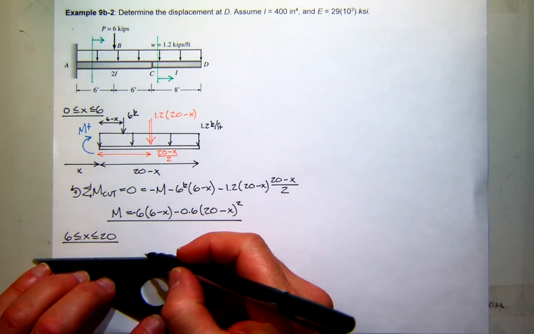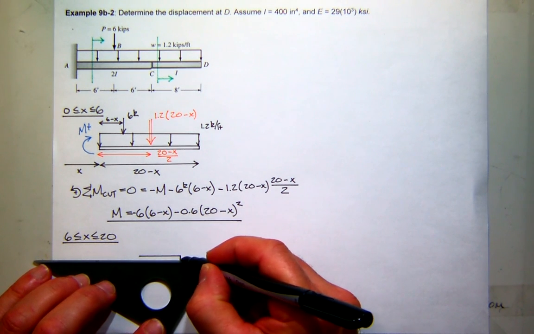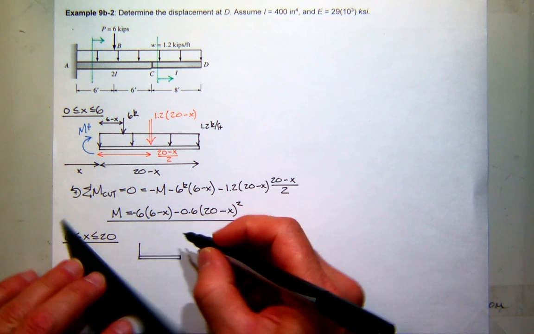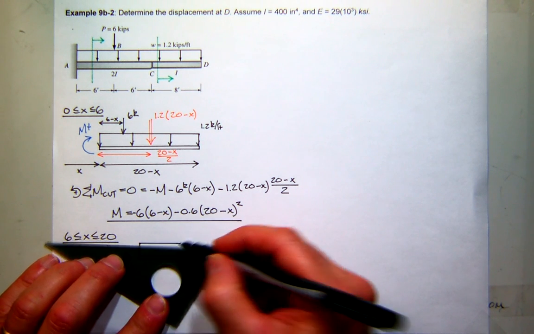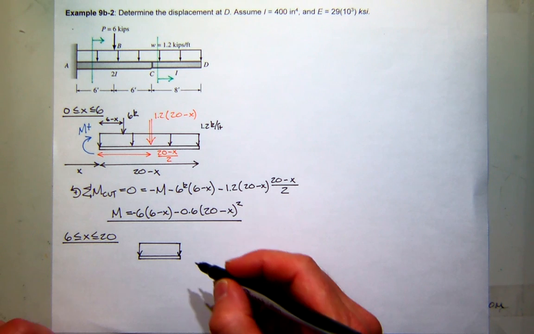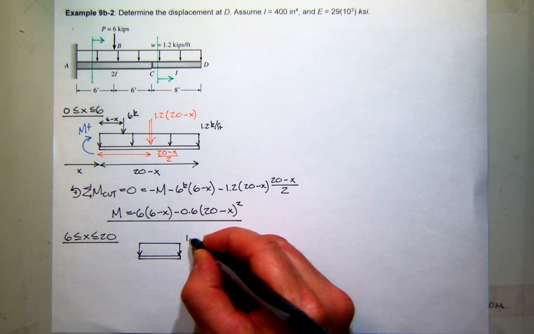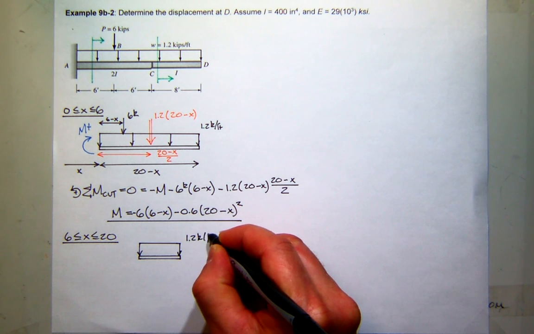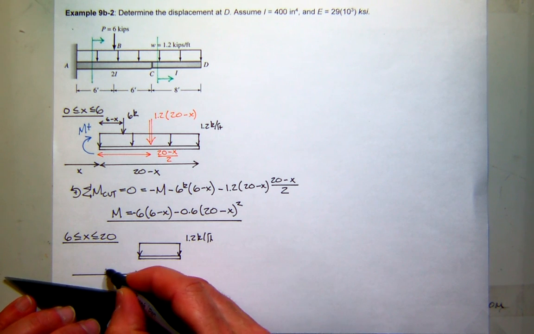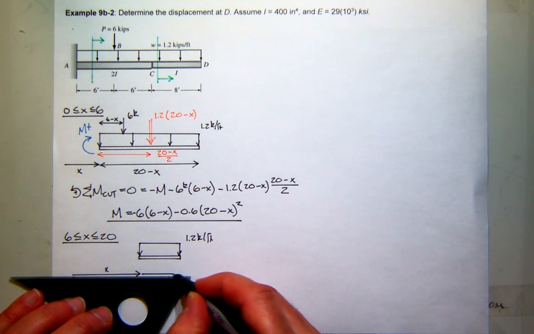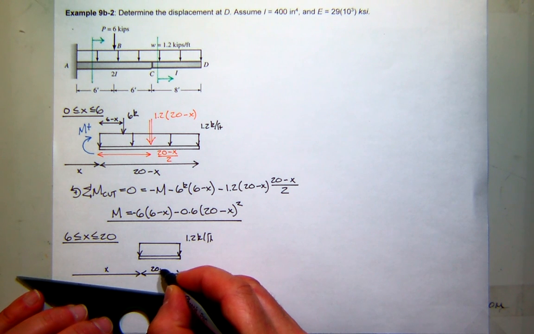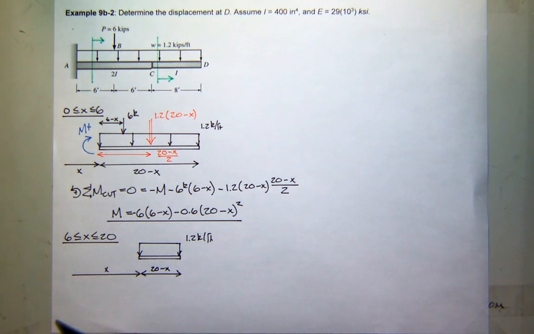When I look at that free body diagram, I still have my distributed load, or the piece of it. It's still 1.2 kips per foot. The distance to the cut is x. The remaining piece I have is still 20 minus x.